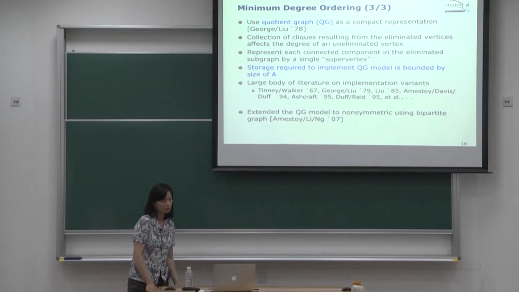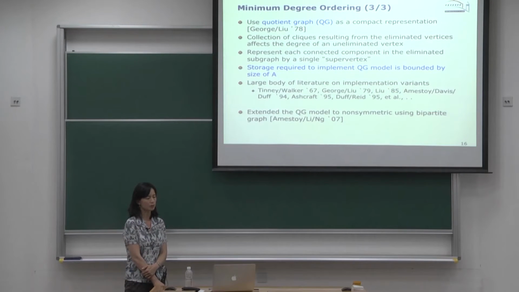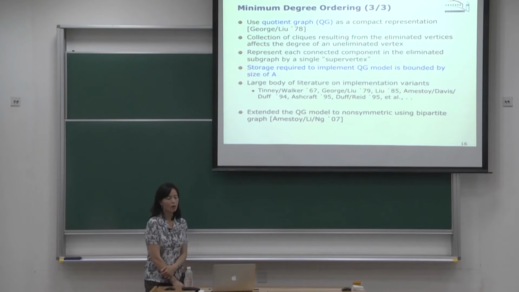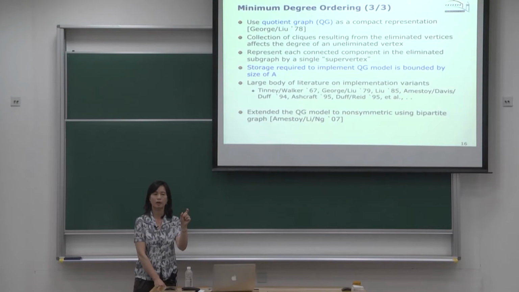So people have developed a more clever scheme to do this, called the quotient graph, as a more compact representation. What this means is, look at each of the cliques. You don't need to represent all the edges. If you know this is a clique, you just say, I have a clique of size 5.